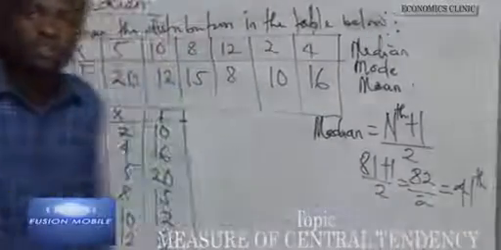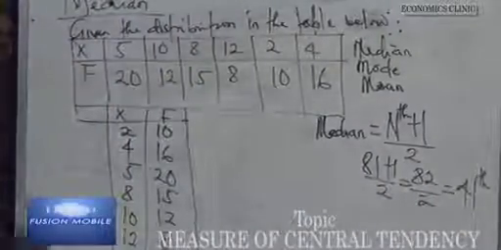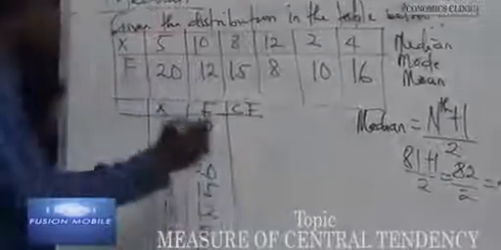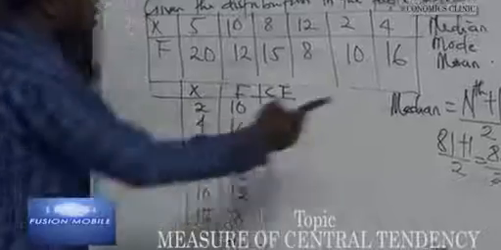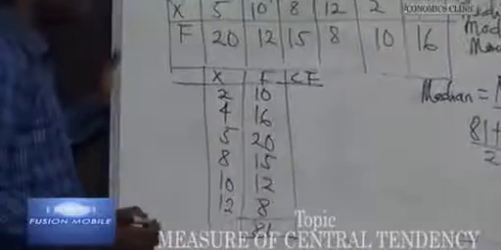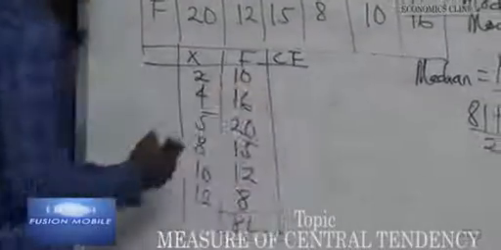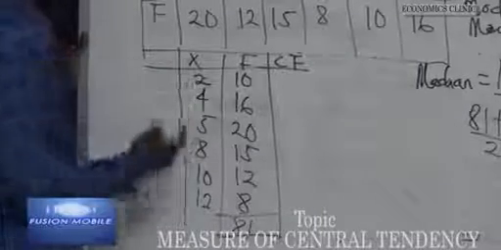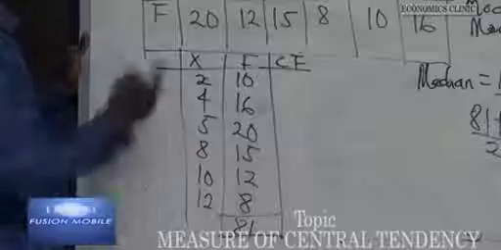So this 41st position is not the median. Before we get the answer, we look for the cumulative frequency to know where the 41st position falls. What we do is add the values of frequency from one level to the other.